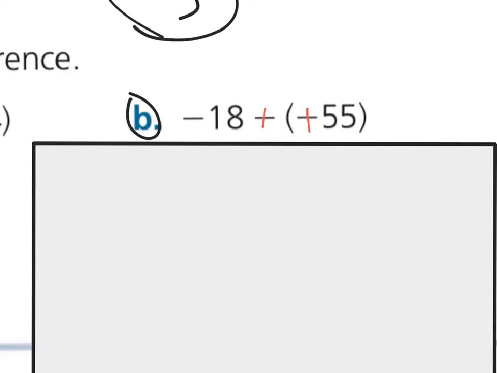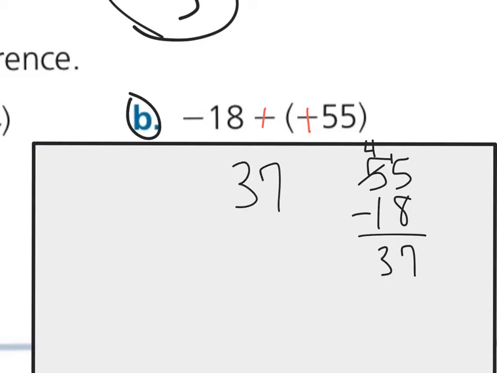Opposite of negative 55 is a positive 55. Again, always 2 sign changes in the middle of the problem. Now we look at these, negative 18, positive 55. They're different signs, so we're going to subtract them. When we subtract, we get 37. We had more that were positive, so final answer would be a positive 37.